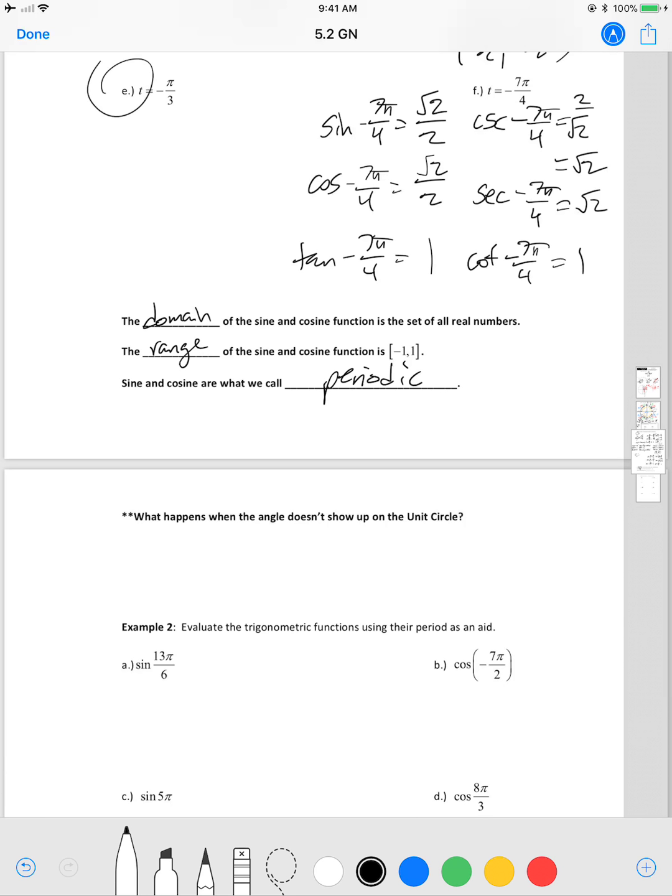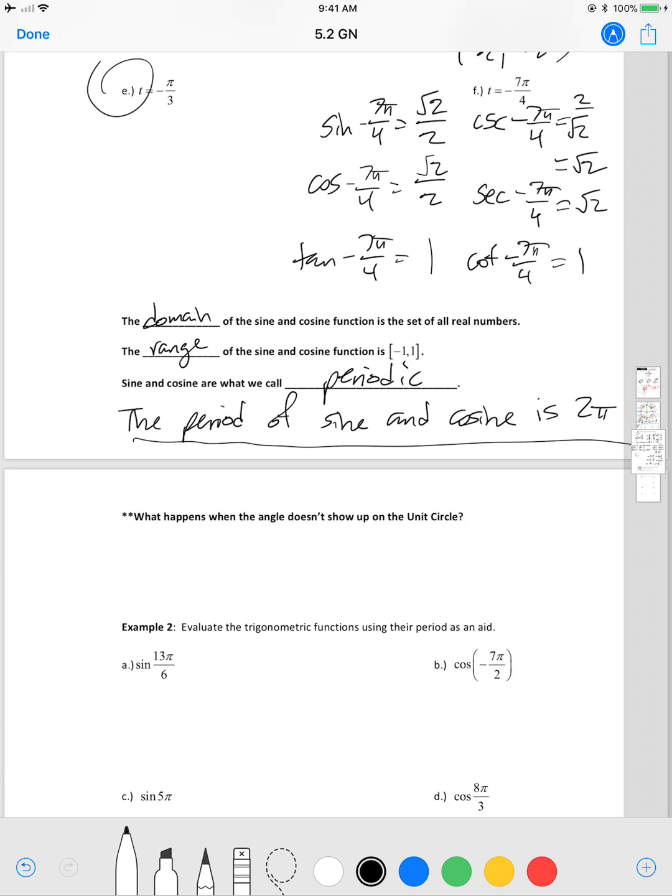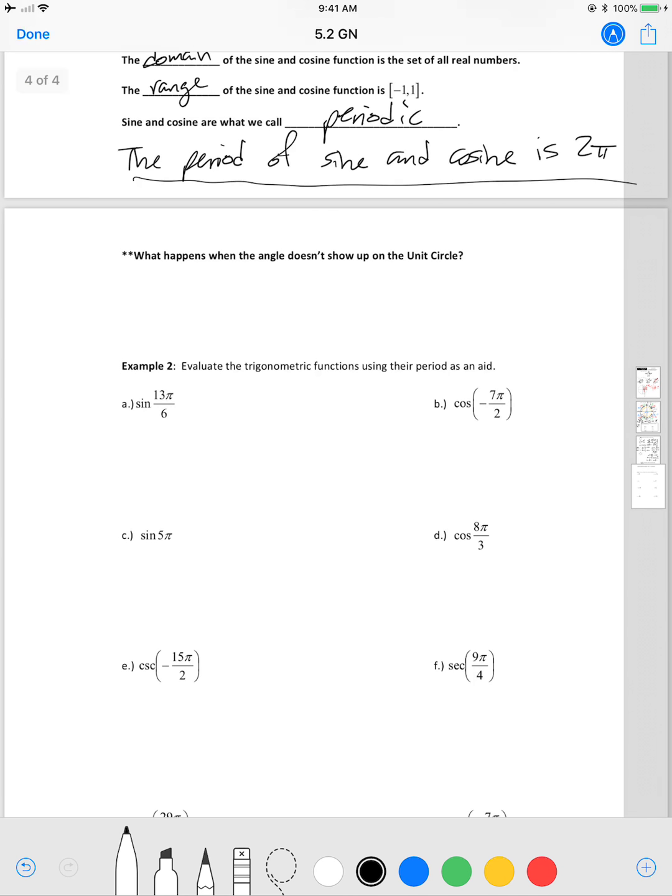So the period of the sine and cosine functions is 2 pi. They repeat every 2 pi, or 360 degrees if we're using degrees. So this is going to be especially important when we look at our next page here.